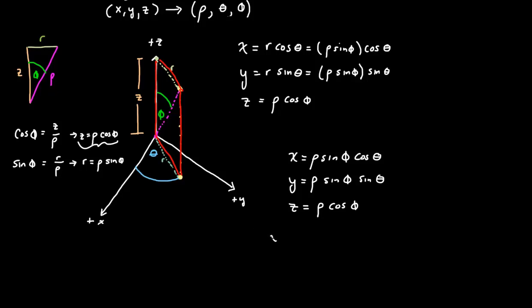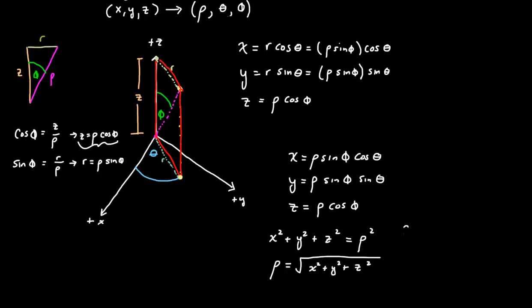Now, x squared plus y squared plus z squared has to equal rho squared. That's like the three-dimensional version of the Pythagorean theorem. And so, of course, we would say rho is the square root of x squared plus y squared plus z squared.